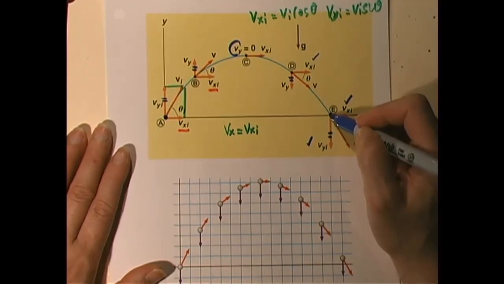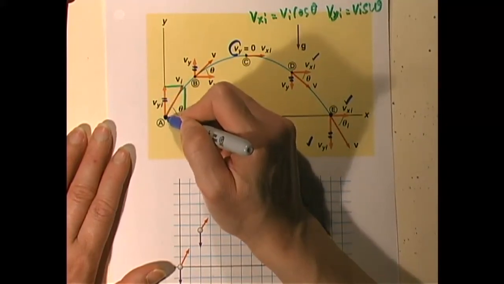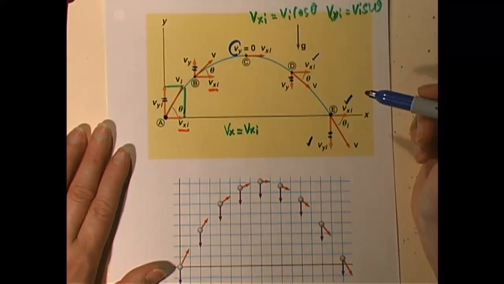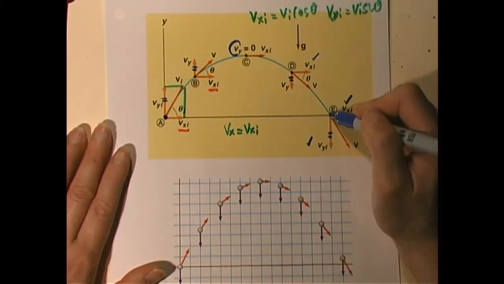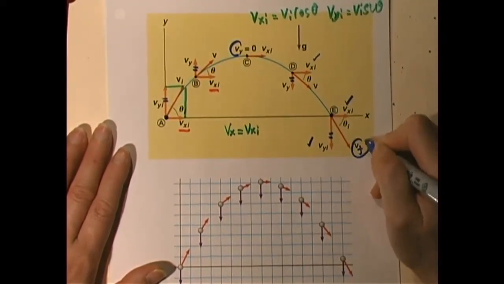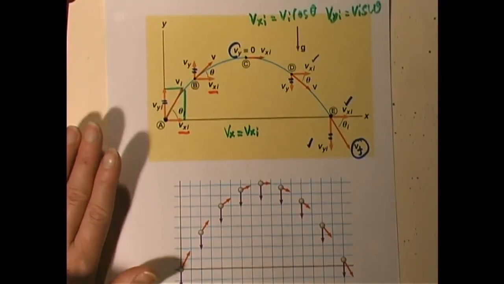It's very interesting that this is the Vy of initial, and if we come back to the same level, the magnitude is the same. We discussed that in chapter 2. But this is a point before the impact, so your V final does not equal 0. And what is it? We have to solve it. So be very, very careful when we solve the problem. We do not always get a V final of 0.